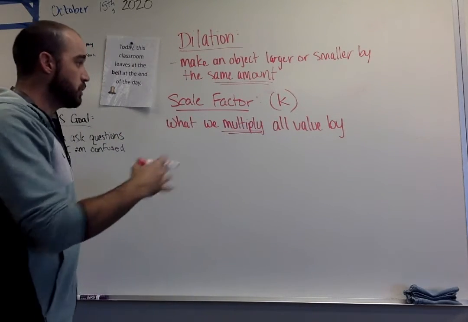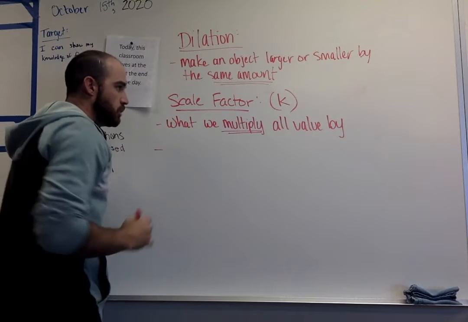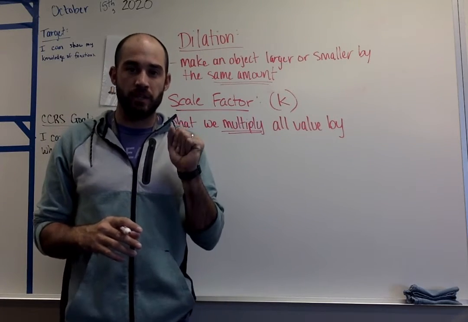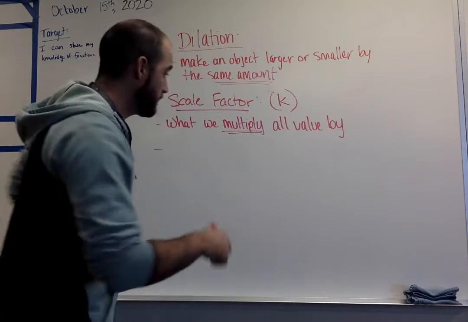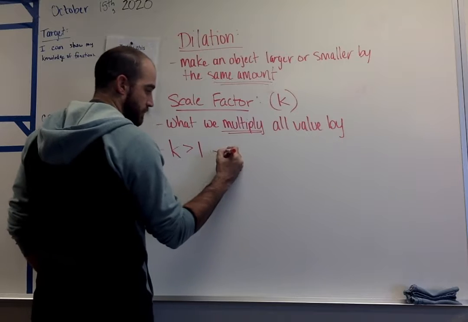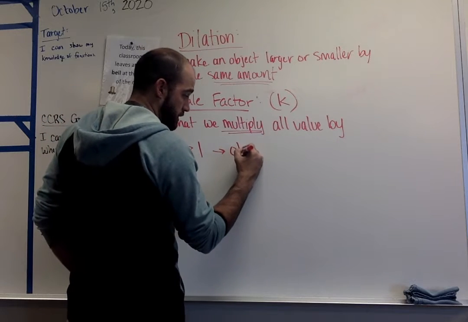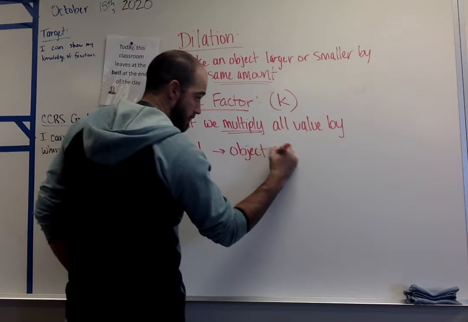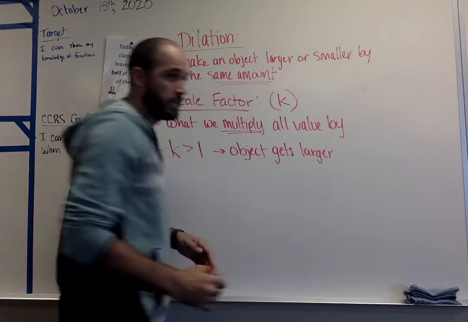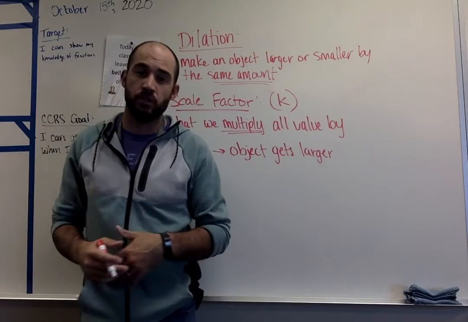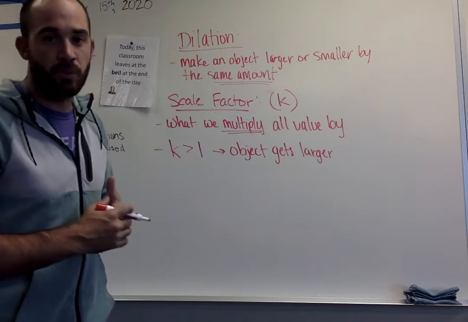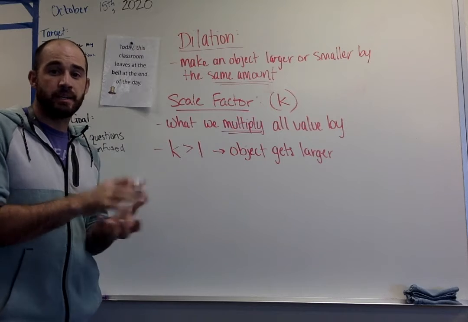Okay, the way we can tell if it's going to be bigger or smaller is depending on if it is larger or smaller than 1. So if our k value, our scale factor, is larger than 1, then our object gets larger. This makes sense logically: if I multiply something times 2, that number is going to get bigger compared to if I multiply something times 0.5 or a half, that thing's going to get a little bit smaller.